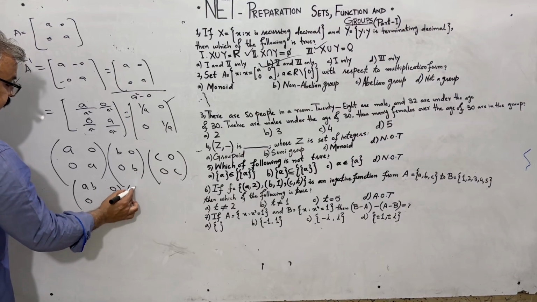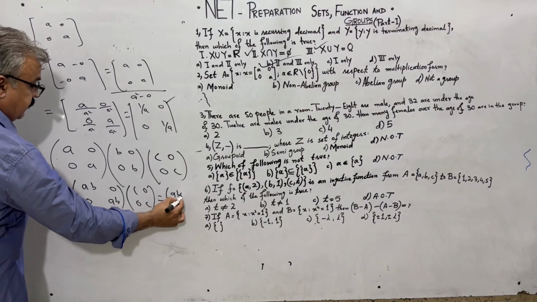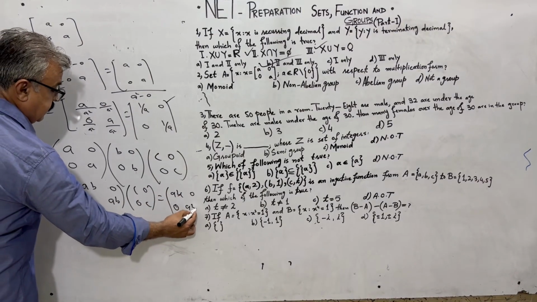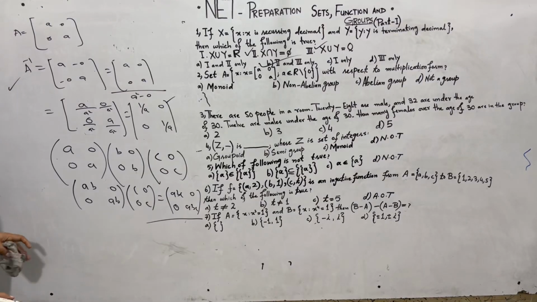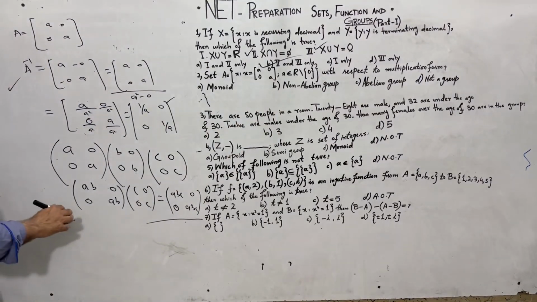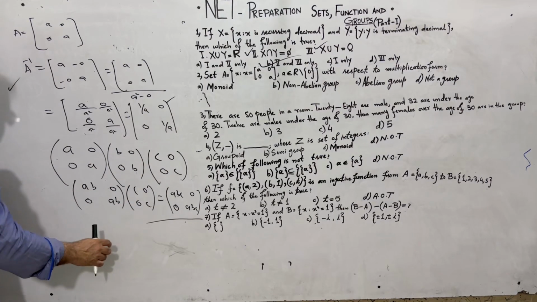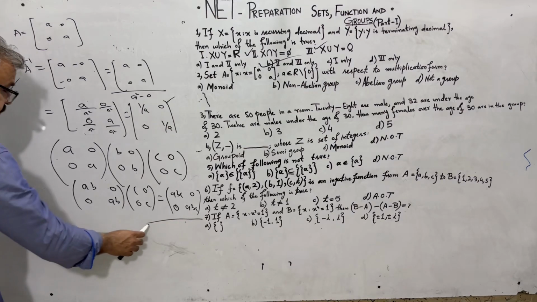Then with C 0, 0 C, it is ABC 0, 0 ABC. It is a matrix of the same type. Good. The associative law also prevails. If we first operate on the other two, then with this one, we will still get the same answer.